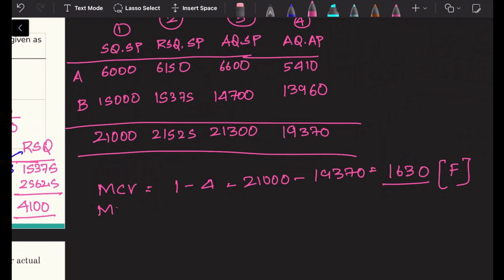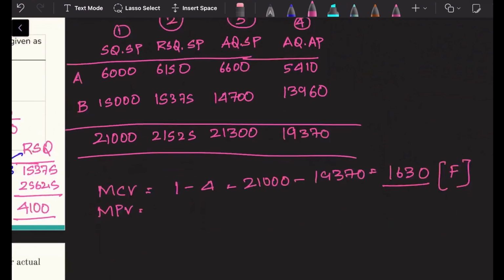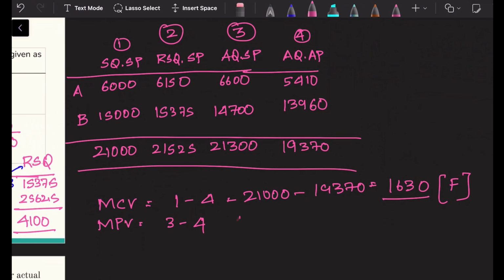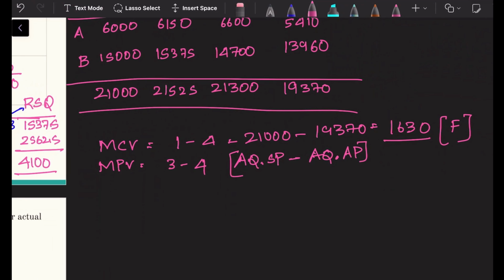Next comes material price variance. So 3 minus 4. Why am I saying 3 minus 4? What is the factor 3? It is AQ into SP minus AQ into AP. So what did we learn in the previous example? The price variance is because of change in price. So if I simplify this, this is AQ into SP minus AP.